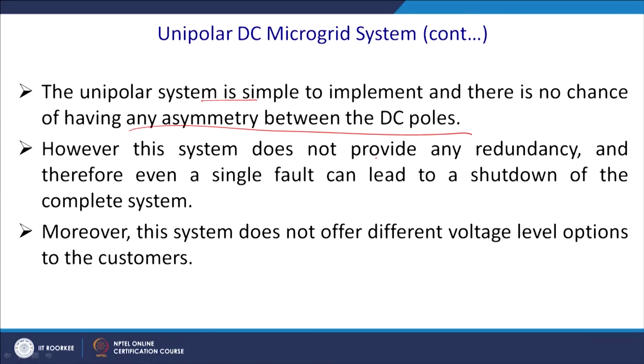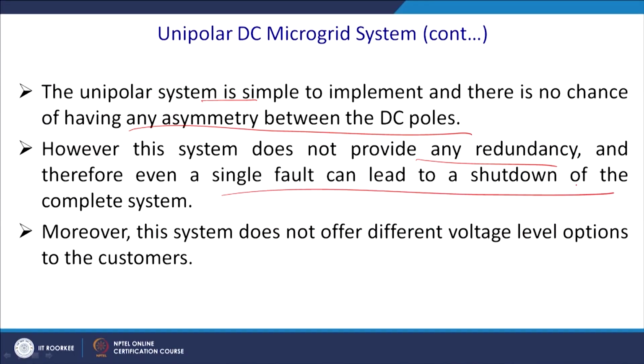However, the system does not provide any redundancy. If one line goes out, the power is going through the single line. If that has been disturbed, ultimately you have to live without power. Therefore, a single fault can lead to the shutdown of the complete system. That is the vulnerability and we require protection.